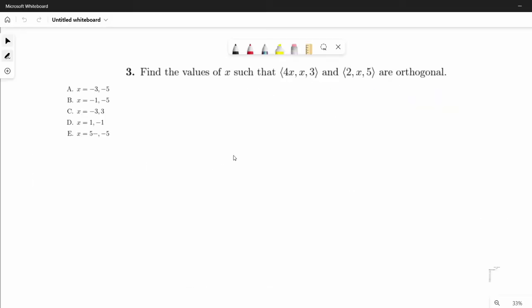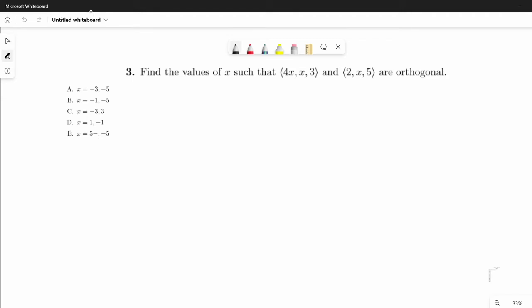For question 3, we are given 2 vectors that are orthogonal, and we are to find the variable in between. For orthogonal vectors, we have to remember that the dot product of the vectors will be 0.